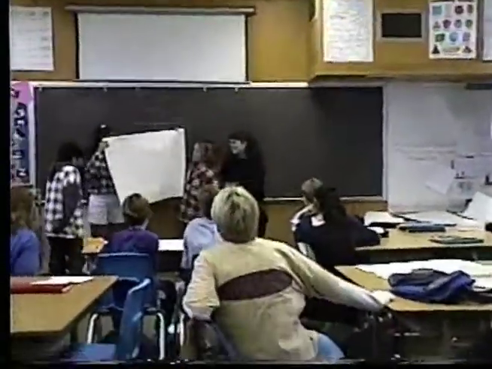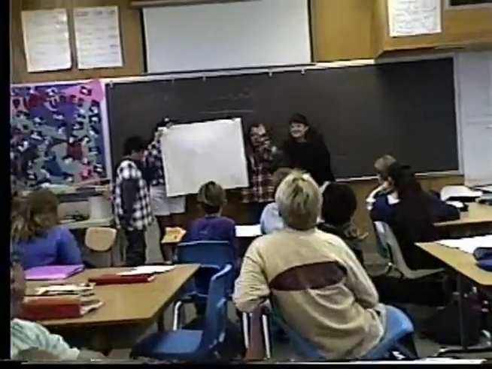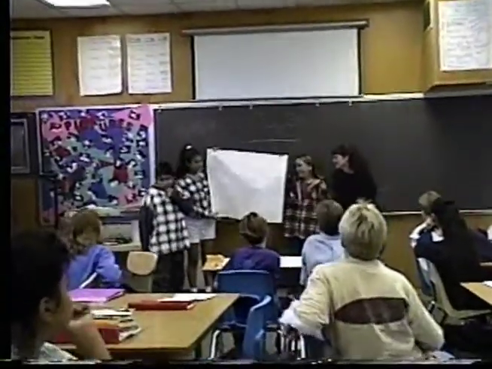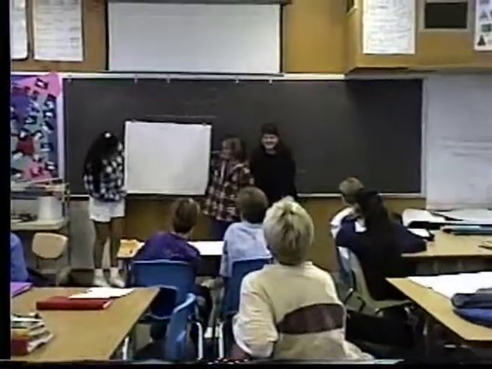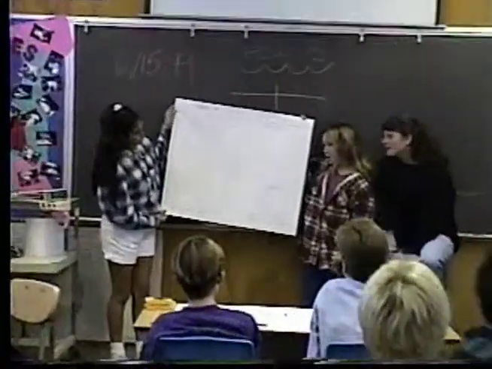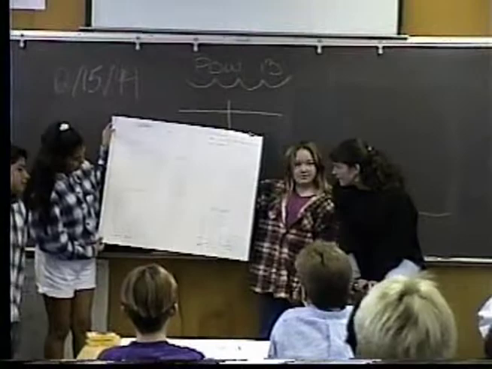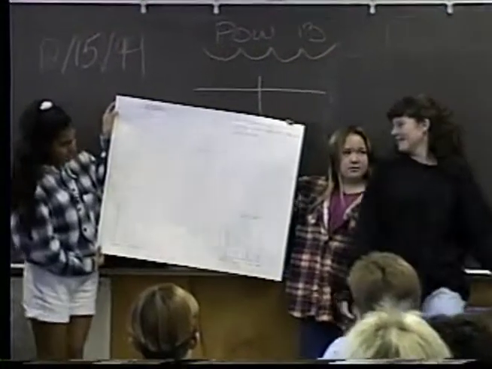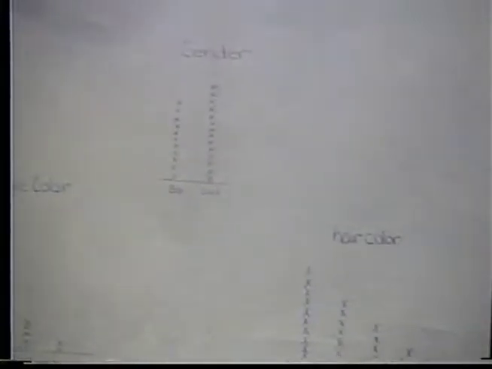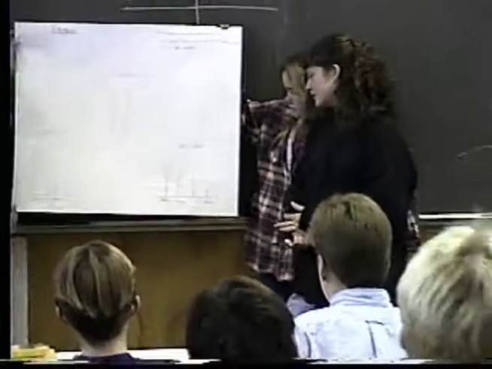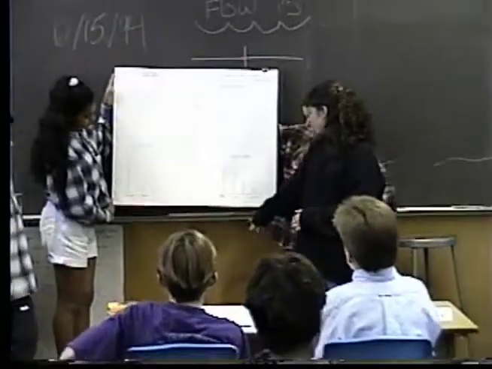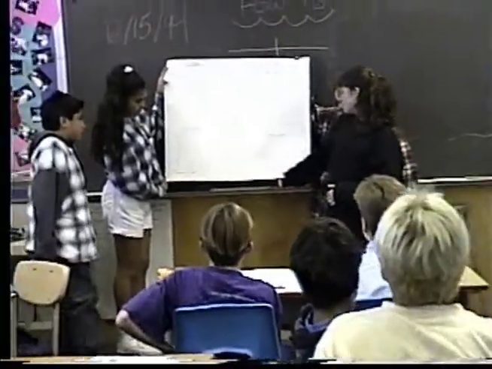All right, we got a pretty complicated looking graph here. Our graph was eye color, gender, and hair color. And we'll start with hair color. The hair colors we had were black, brown, blonde and red. There were only 2 people with red hair, so that's really uncommon. And then there were 5 for blonde hair.